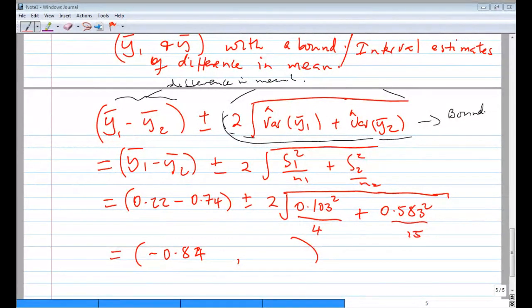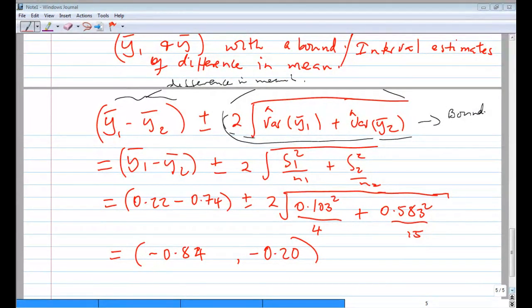Yeah. Okay. The other one? There are two, remember. Negative 0.201. Okay, negative 0.2.